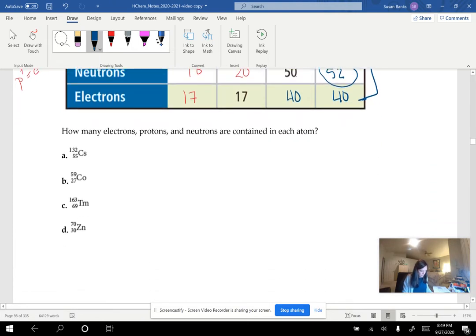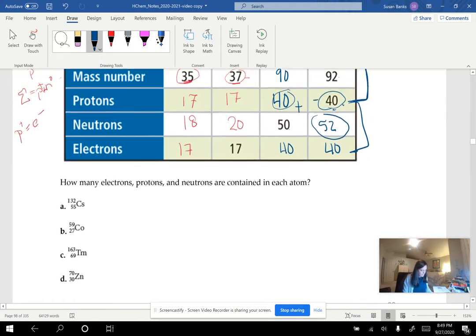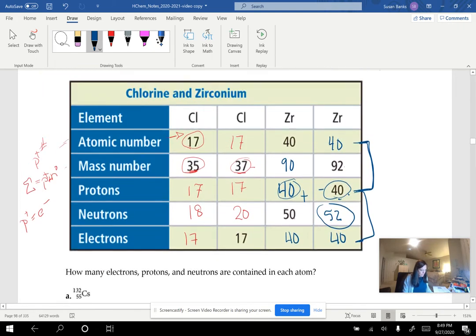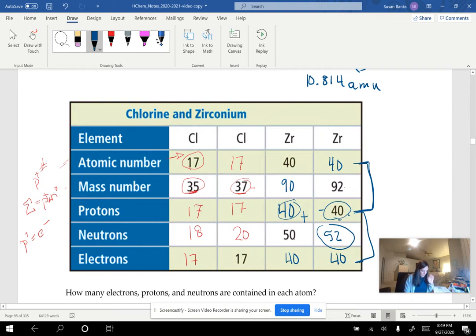So let's look at this. This is another way of writing notations here. So let me show you this way. So I could call this chlorine 35. This would be chlorine 37. This would be zirconium 90, and this would be zirconium 92. Notice I'm pulling these numbers from the mass numbers.